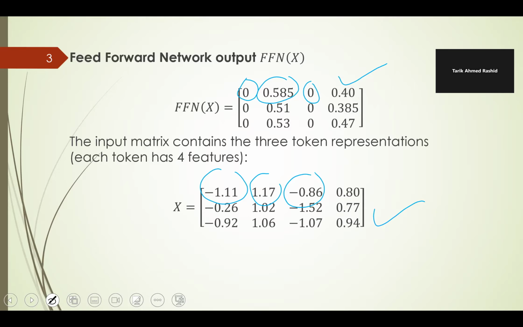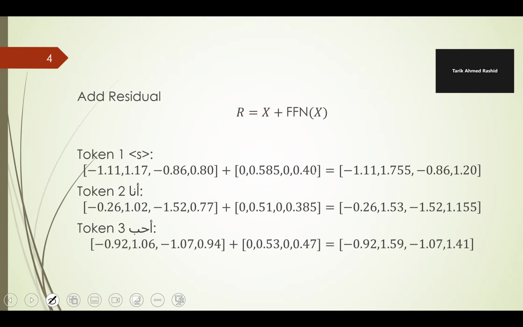It's element-wise. So for token 1, start, and for token 2, Ana, Arabic word that means I, and for token 3, Ahab. Token 3 means in English like. So we had I like Rojava.